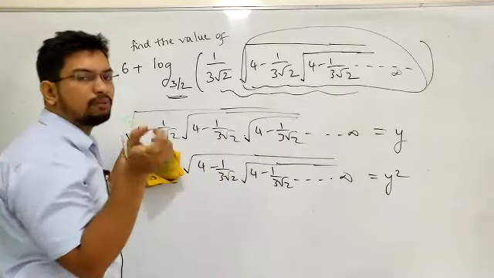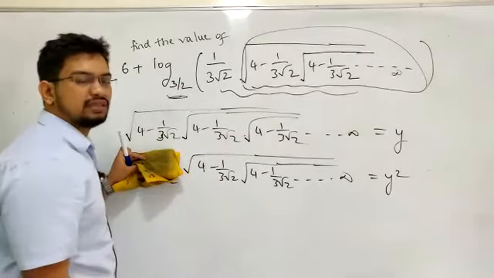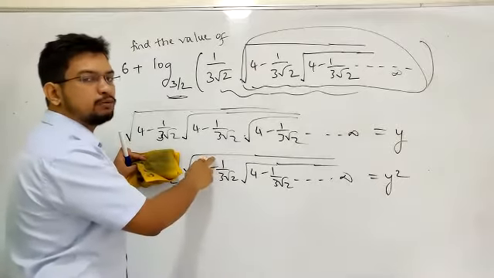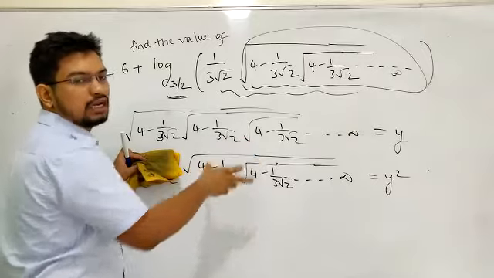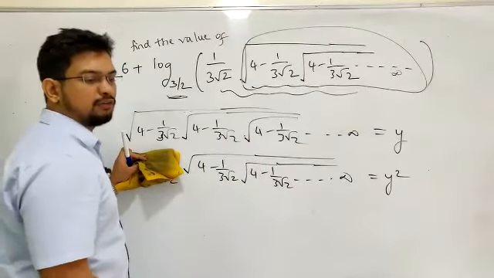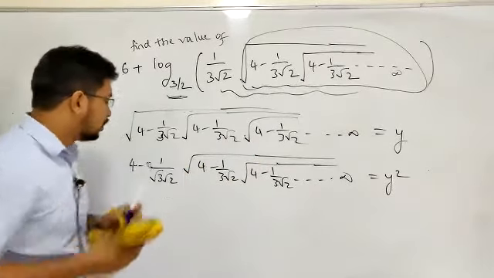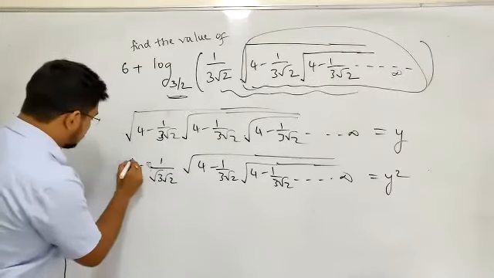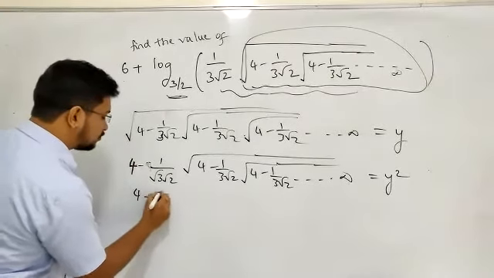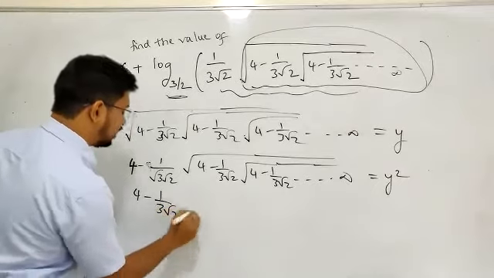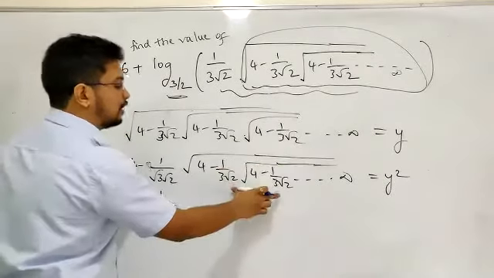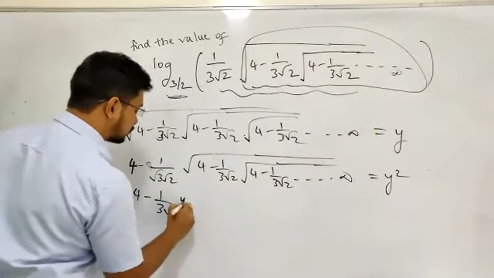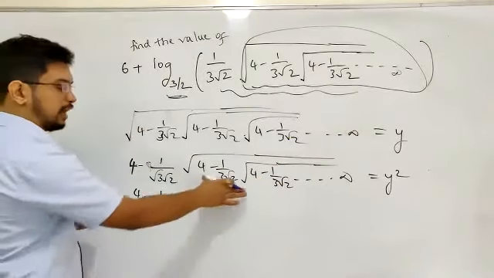I'm just removing one branch from the infinite chain, and its value will not change because compared to infinity, one is negligible. So this part, 1 by 4 minus 1 by 3 root 2, even if I'm removing this, as this is tending to infinity, this value again becomes equal to y.